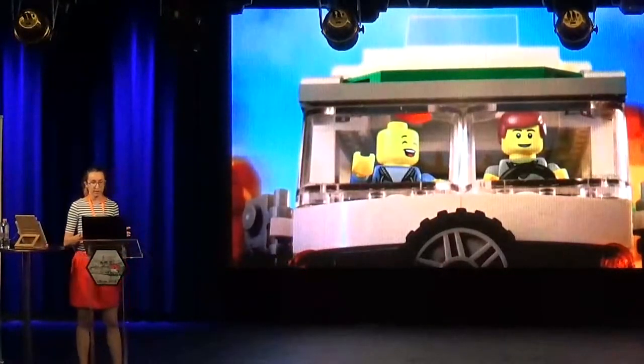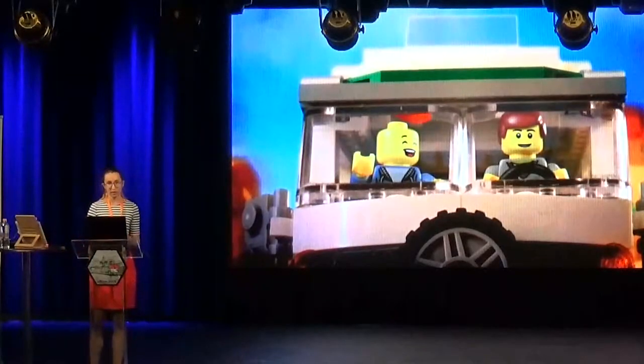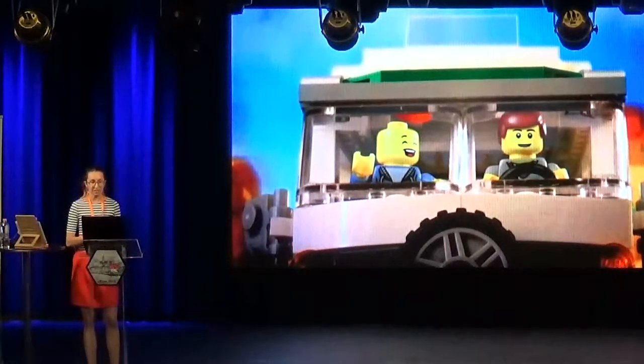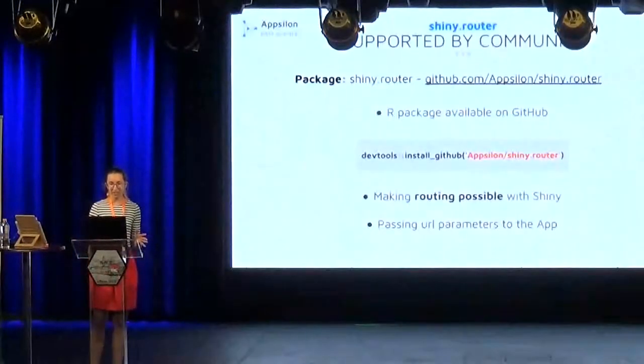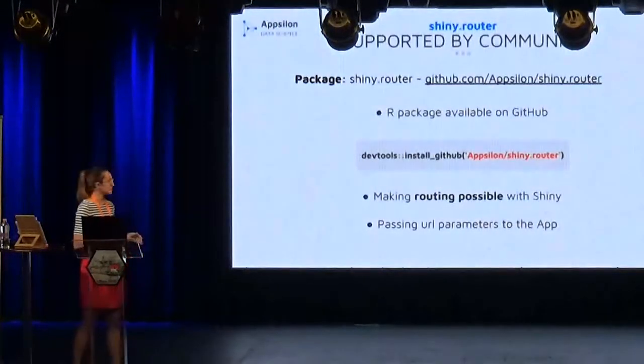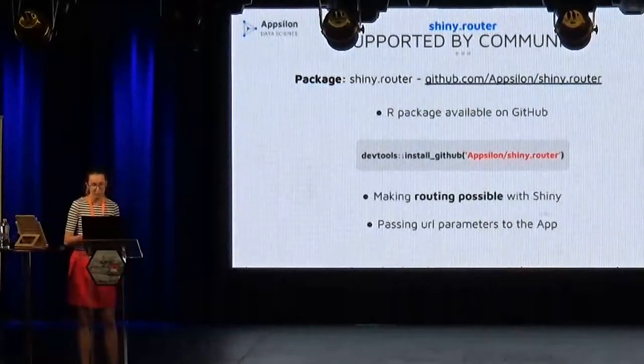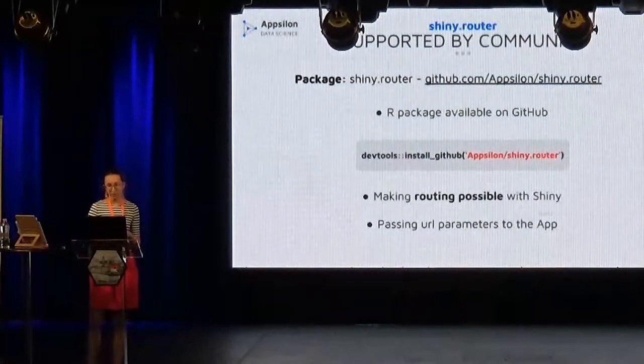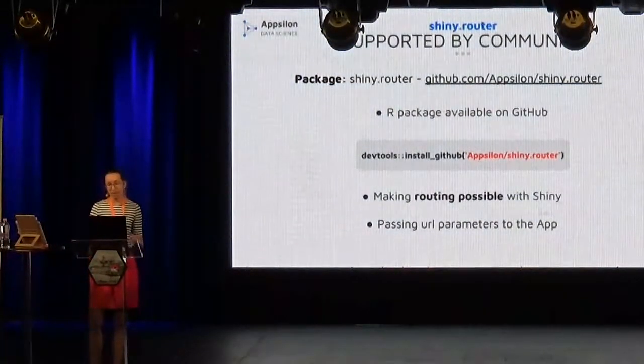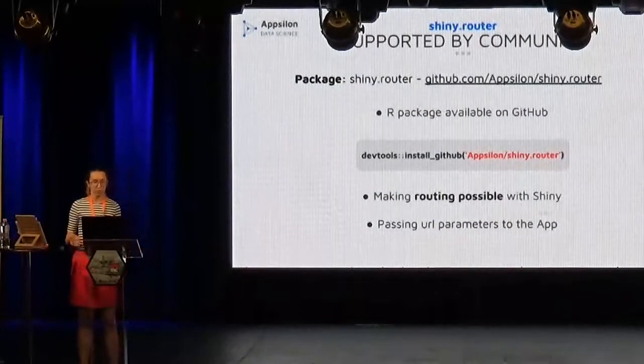So the first package in this block is shiny.router, and it's actually the community favorite. We received the most contributions from you guys for this package. It's currently only on GitHub, and it's making routing possible with Shiny.